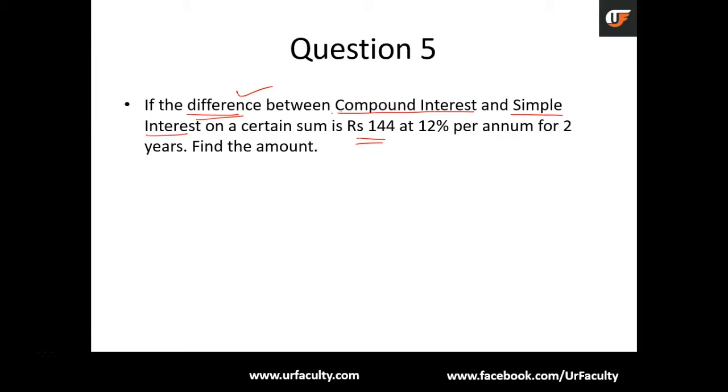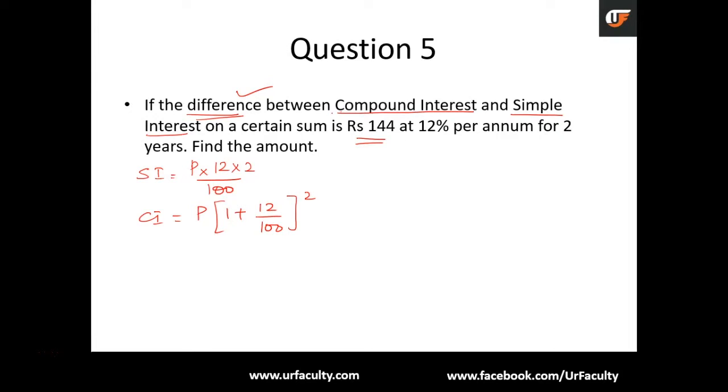Now the question has to be simplified by putting first the simple interest. What is the simple interest in this case? Simple interest is P into 12% per annum for 2 years by 100. And what is the compound interest in this case? P into 1 plus 12 by 100 power 2.